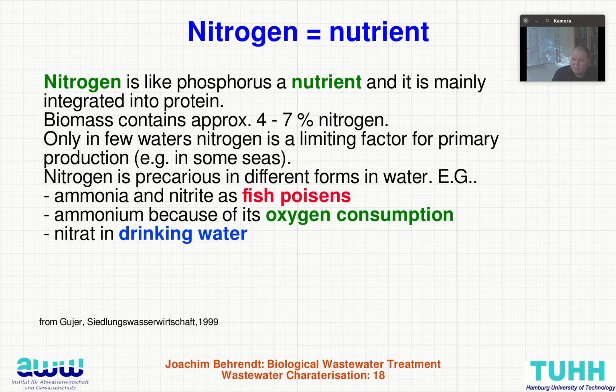Nitrogen also has negative effects. Ammonia and nitrite show fish poisoning behavior. Ammonia also causes oxygen consumption, this we will see. And nitrate in drinking water is a big issue, but this is mainly related to agriculture.